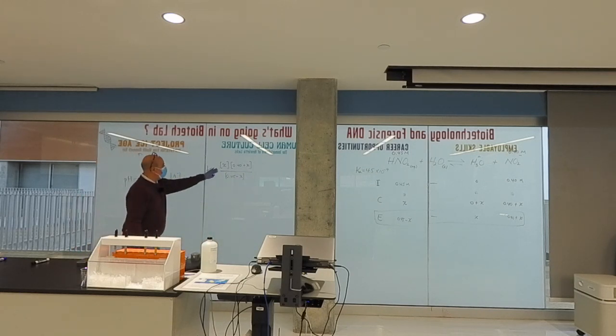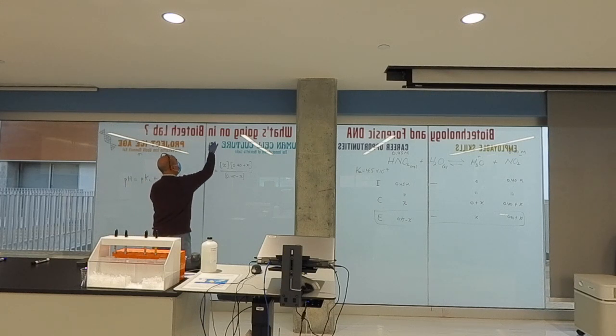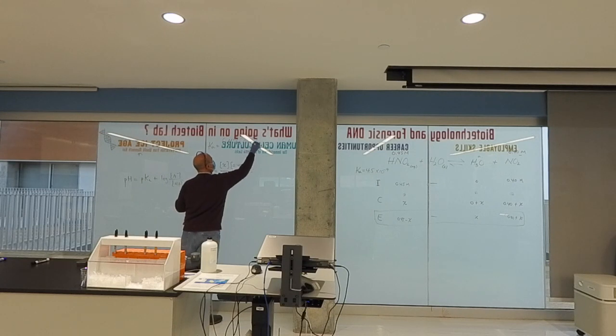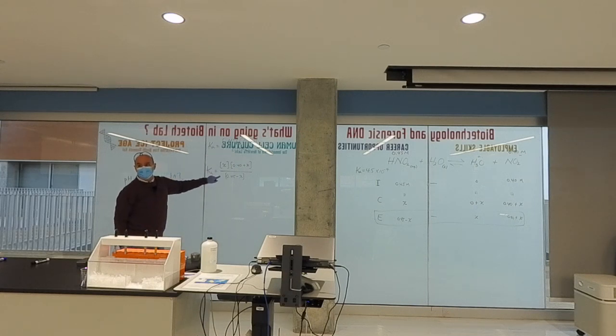So that's just coming from Ka equals concentration of H plus times NO2 minus divided by HNO2. That's where that comes from, okay?